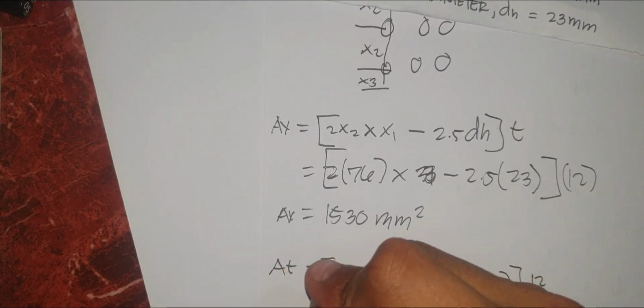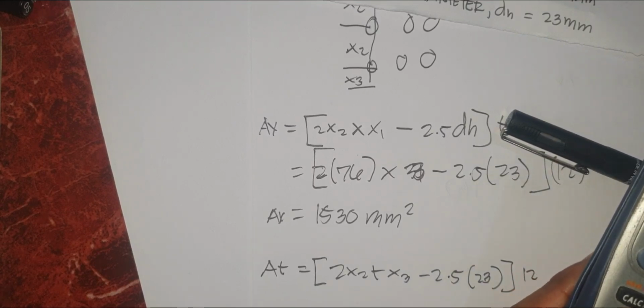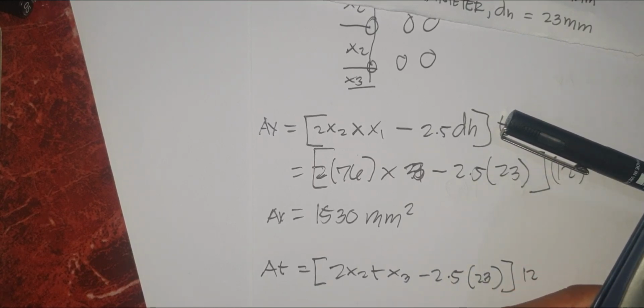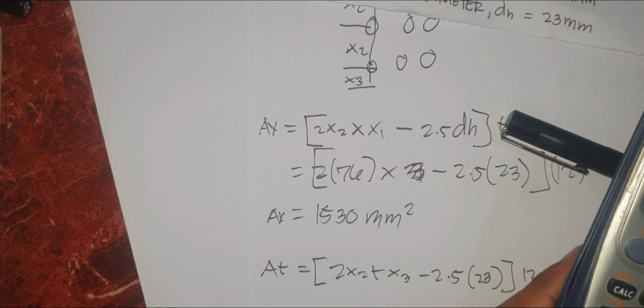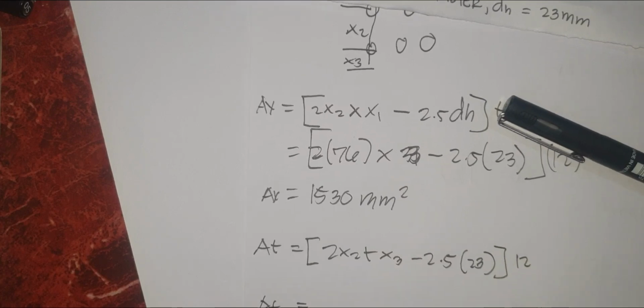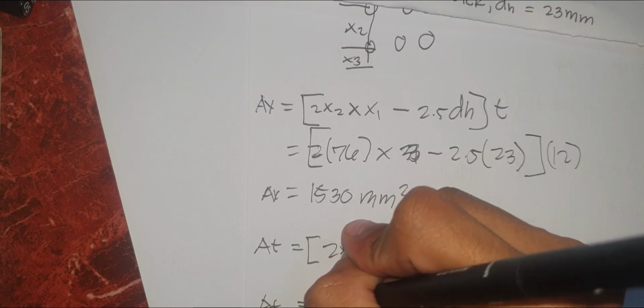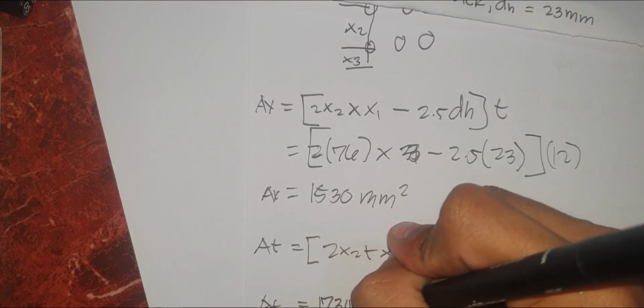So it equals, calculator, 76 plus 50 minus 2.5 times 23, times 12, which is 1734 mm squared.